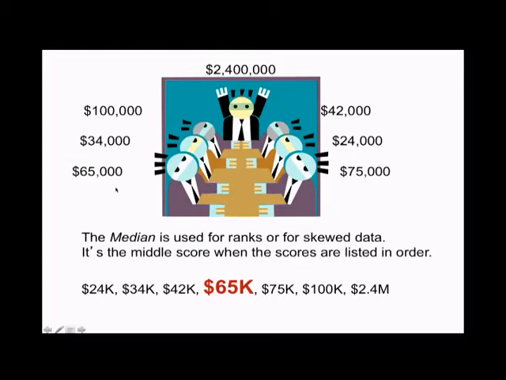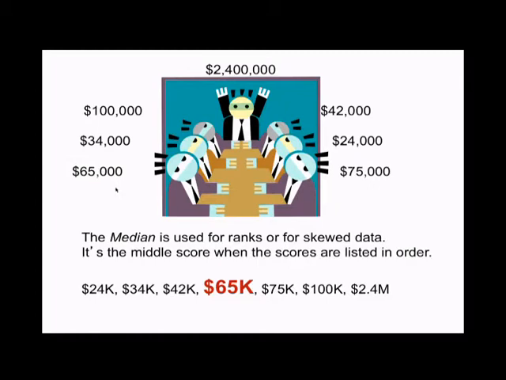Now, it would not make much sense to take the average of those, because it would look like the average salary is a few $100,000 a year. And really, there's only one person in this room, the chairman of the board, who makes over $100,000. So it makes more sense to take the median.